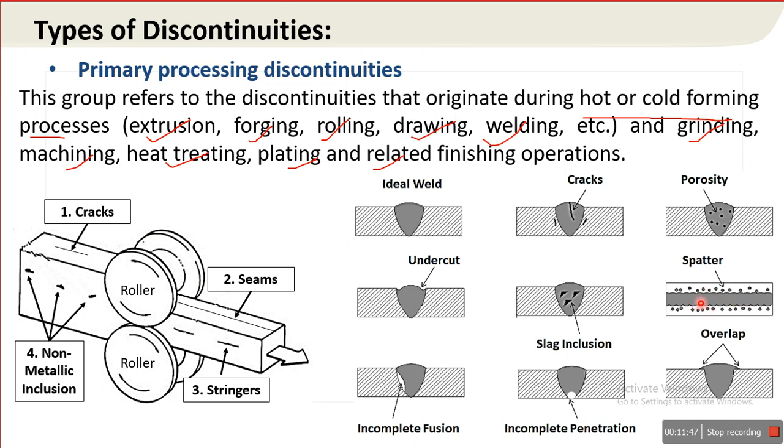It is due to adoption of an improper welding method. Incomplete fusion, incomplete penetration, and then overlap. So there are multiple types of drawbacks, or we can say discontinuities, present inside the weld joint. So see, there are multiple types of discontinuities which can be treated as primary processing discontinuities.